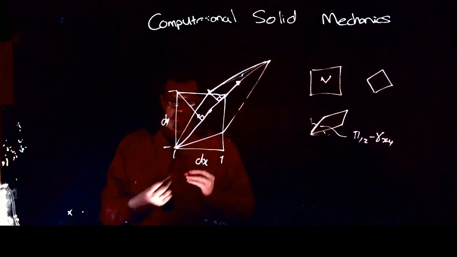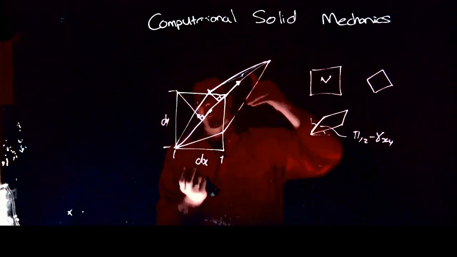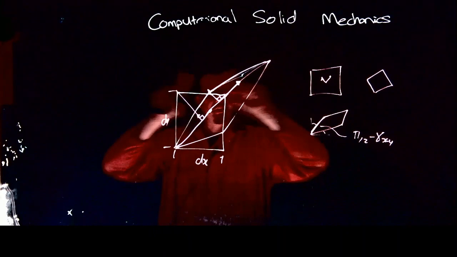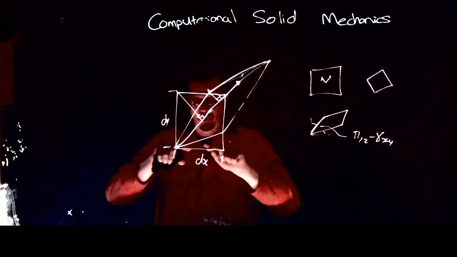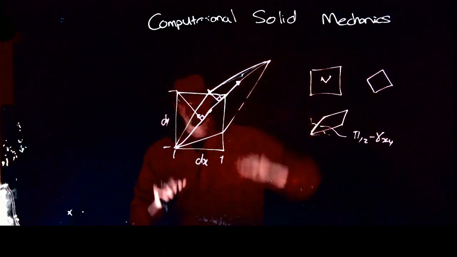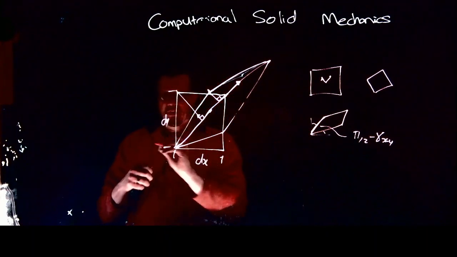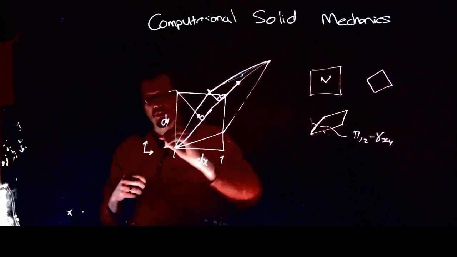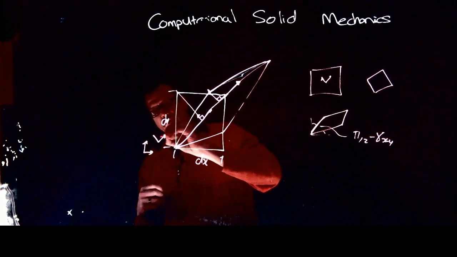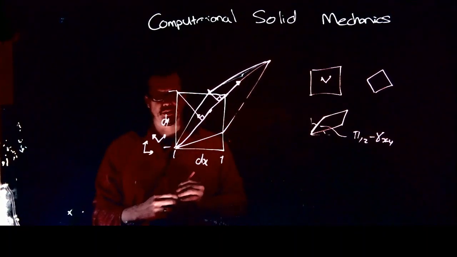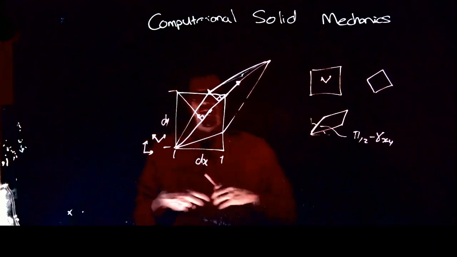What is going on? Well, we are looking in a different reference frame at exactly the same state. This is still the same body that's deformed to exactly that same shape. The only thing I'm doing is I'm not looking at a coordinate system like this now. I'm asking what happens if this is the coordinate system in which we want to look at things. Then I'm seeing a very different behavior.